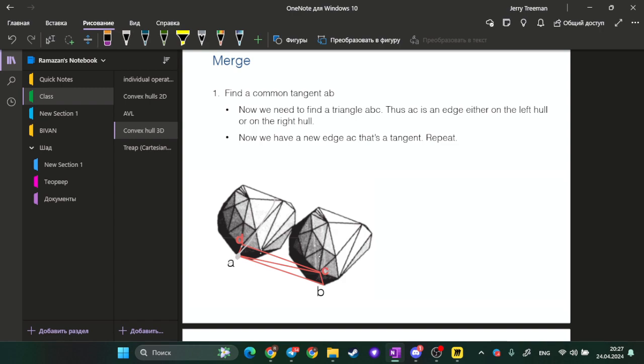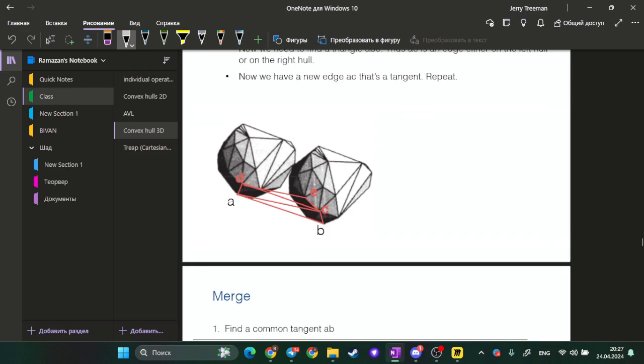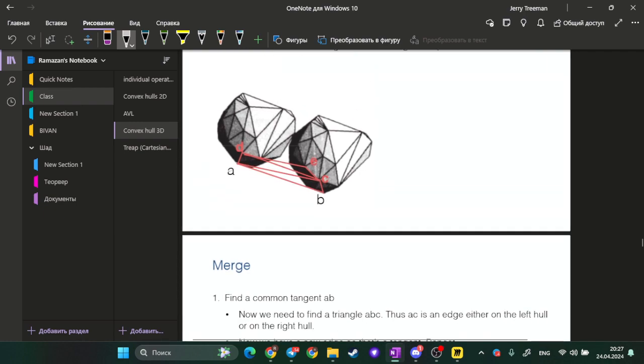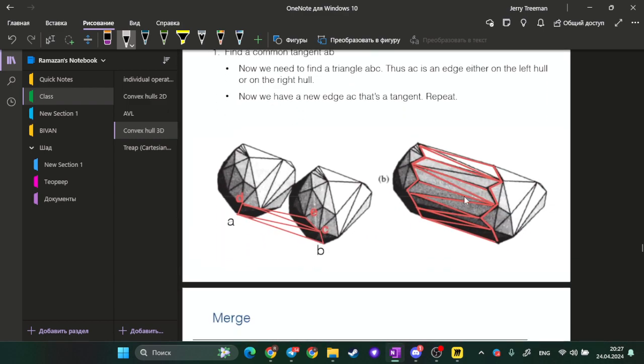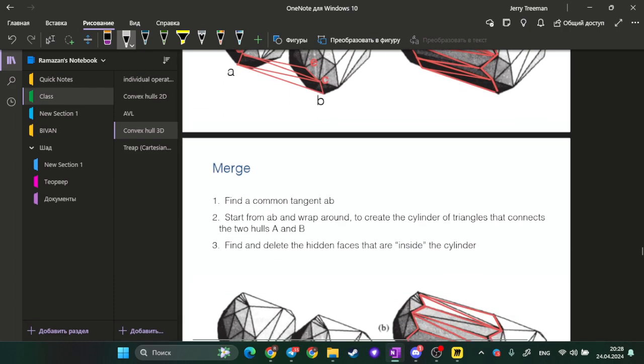And that's it. I just told you the idea how to do it, and we do the same thing. We just consider adjacent points and draw our two convex hulls. Then we got some convex hull. We need to delete points that are located inside this convex hull, and that's it.